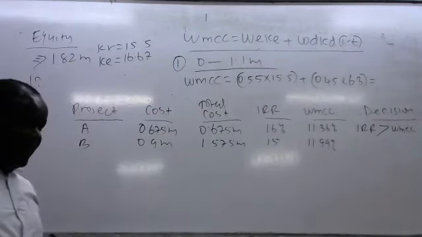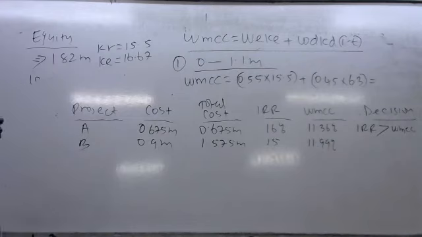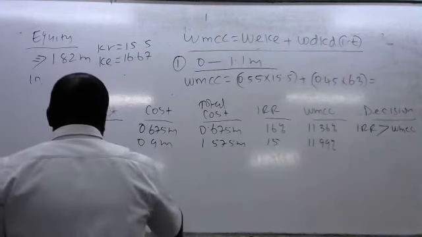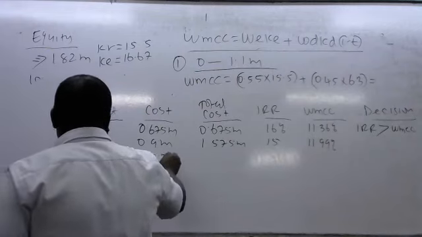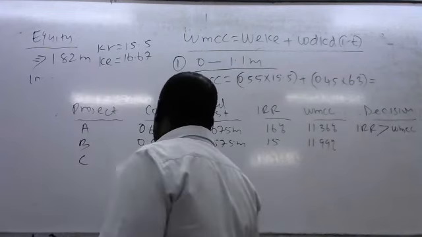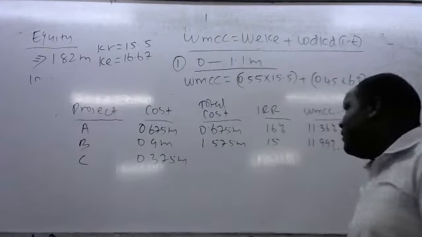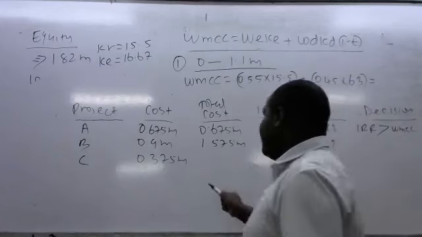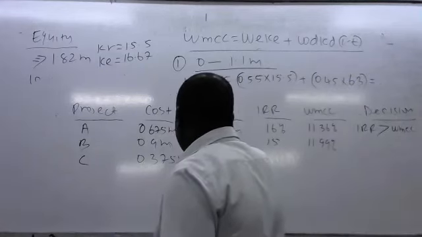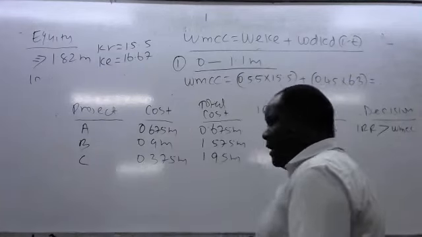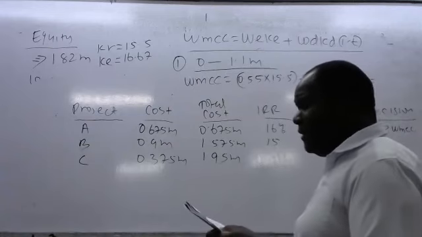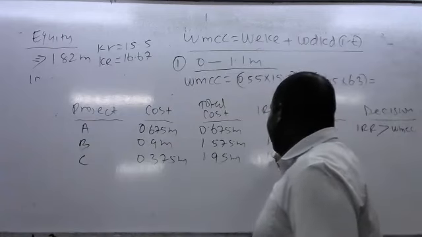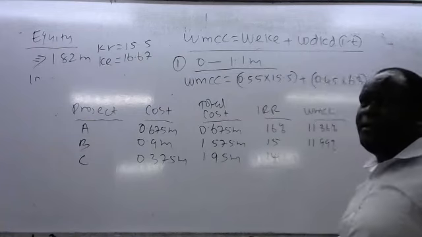The next one is project C, the one with the next highest IRR. Project C is 0.375 million. So the cumulative should now give us 1.95. So the IRR is what percent? It is 14%.